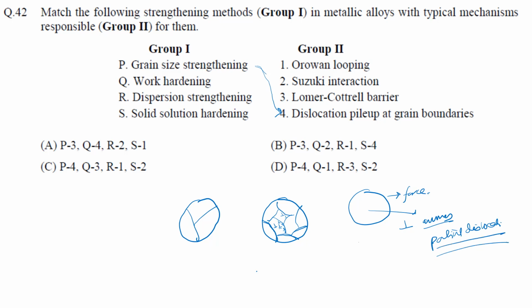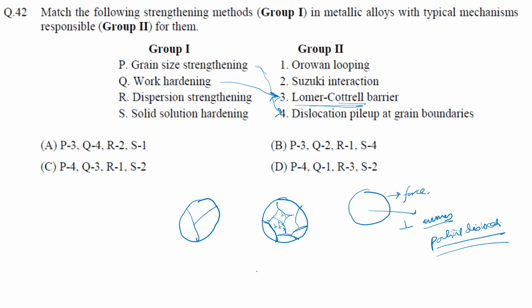So during this work hardening process, there is a formation of partial dislocations or other kinds of dislocations which interact with them, and they lie on different planes, and that's why they do not allow the movement. That is nothing but the Lomer-Cottrell barrier. Because a Lomer-Cottrell type of dislocation is formed, and that acts as the barrier.